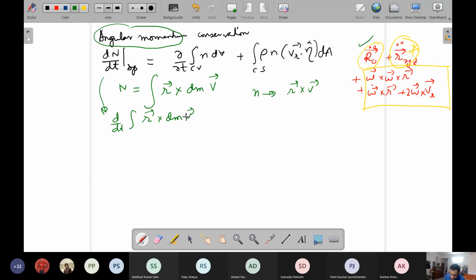So the rate of change of angular momentum of the system is nothing but the resultant of the moment that is acting on the system, which is due to the moment of the forces plus the torque that is there on the system. So this is the angular motion equivalent to Newton's second law. That is the rate of change of angular momentum of a system is the resultant moment, which is the force moment plus couple moment, torque, whatever you call.